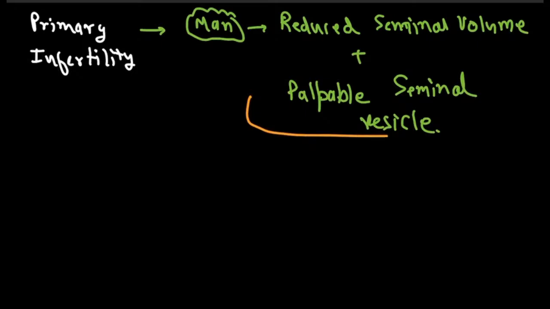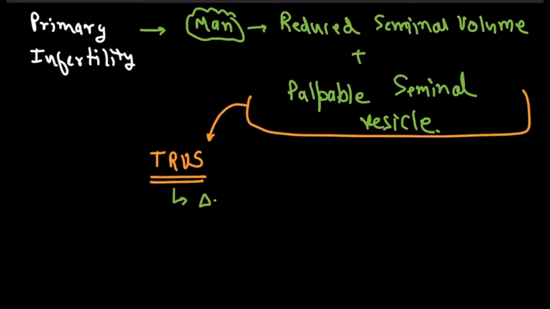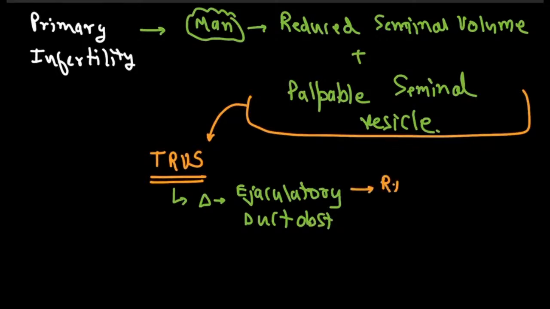If you get these findings and suspect that the patient is suffering from ejaculatory duct obstruction, you perform a TRUS. This will help you make the diagnosis of an ejaculatory duct obstruction. Once this is made, then you can go in for the treatment.